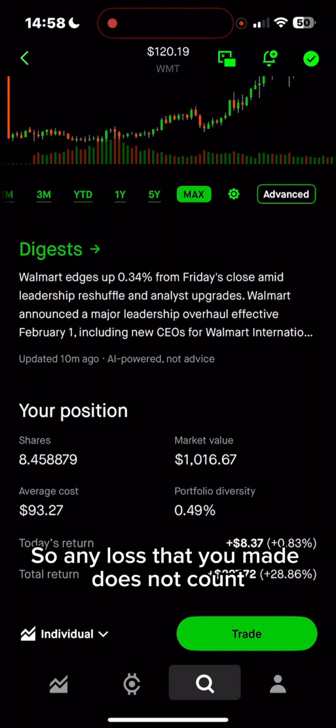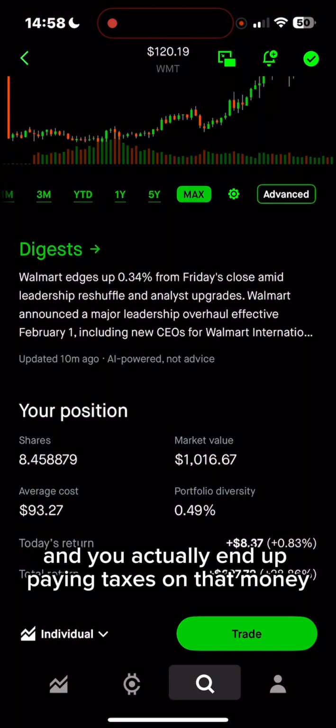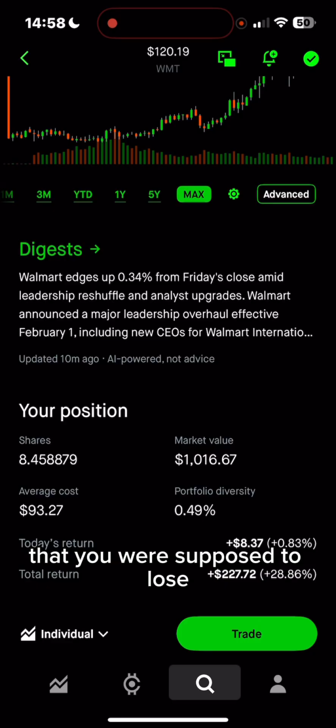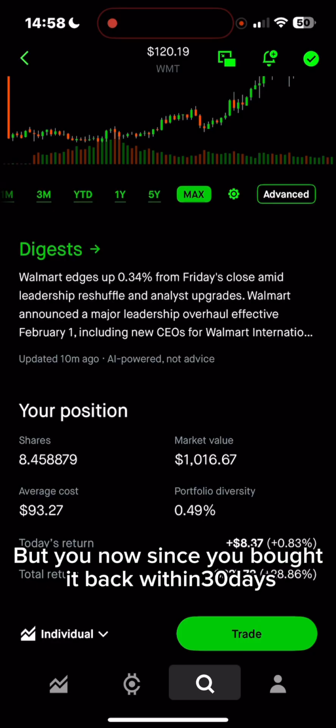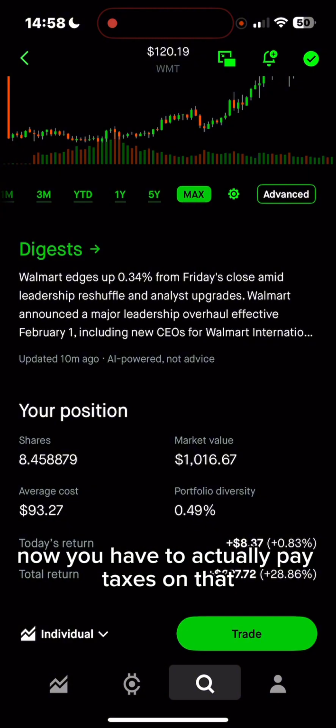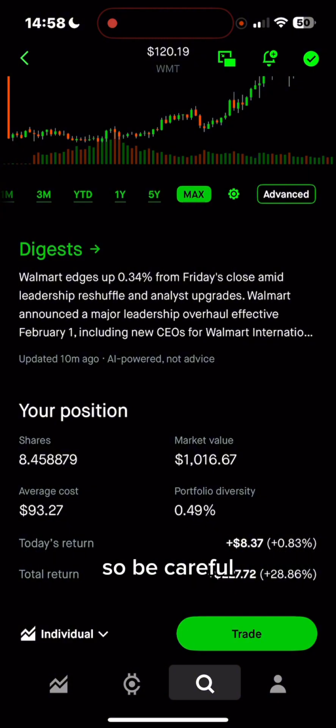So any loss that you made does not count, and you actually end up paying taxes on that money that you were supposed to lose, since you bought it back within 30 days. So be careful. I do recommend you look it up. It's the wash sale rule, and it's very important for taxes.